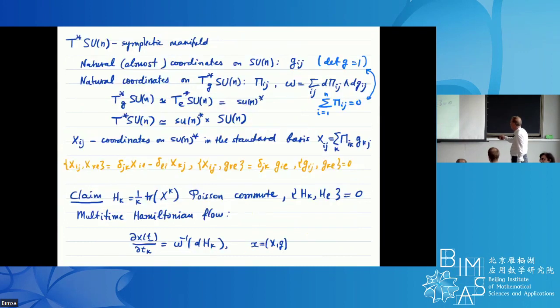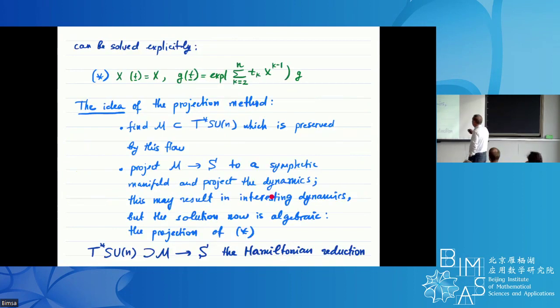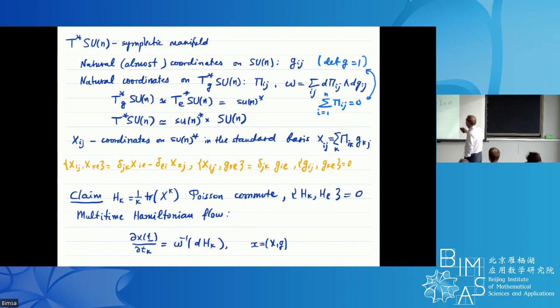So now I'm describing a very special example known as the Calogero-Moser-Sutherland system. Let's consider the cotangent bundle to the special unitary group.